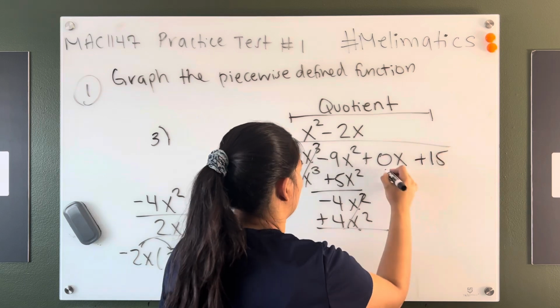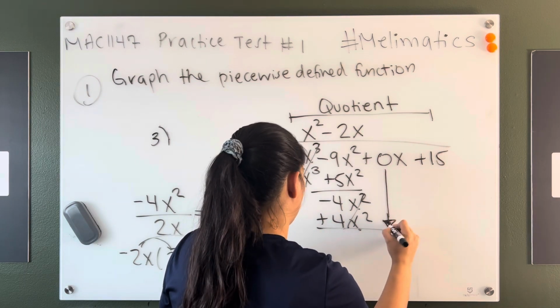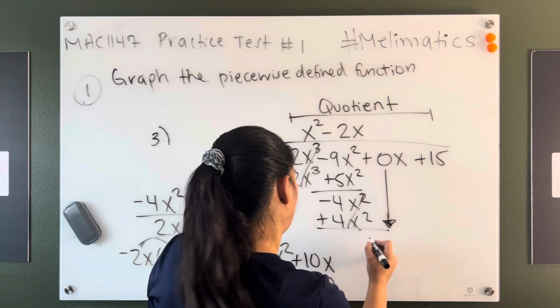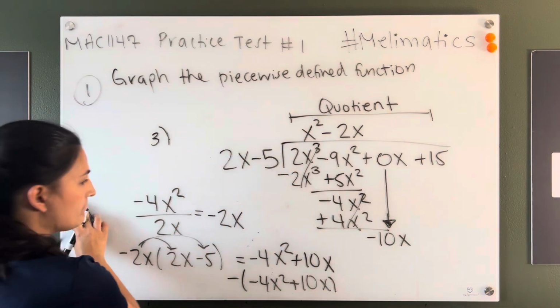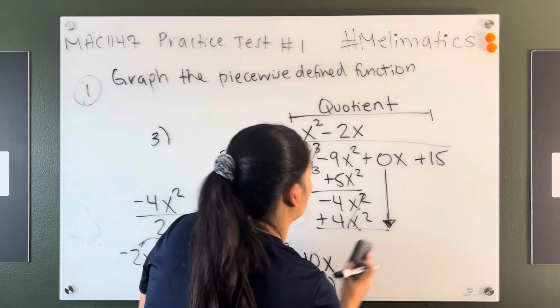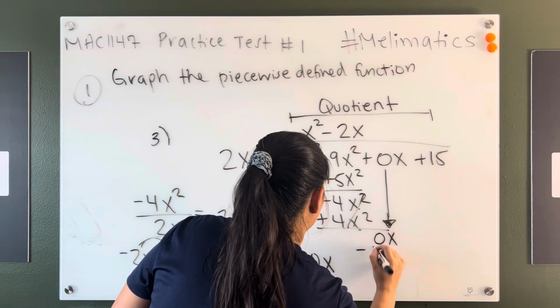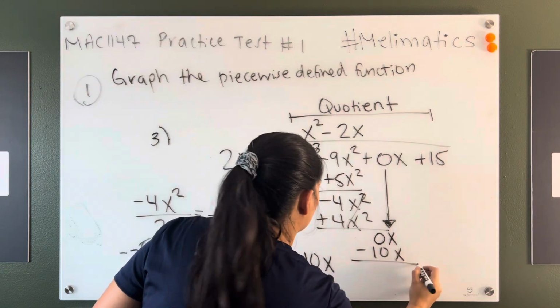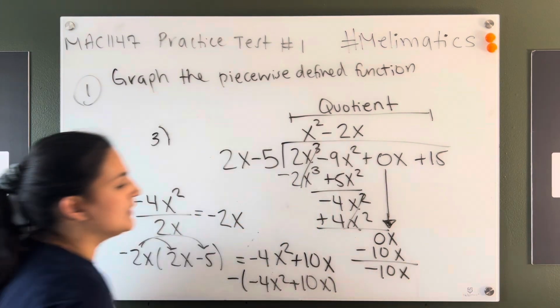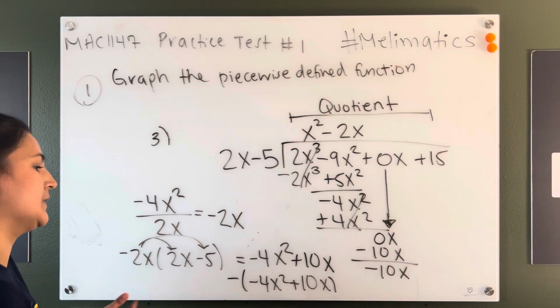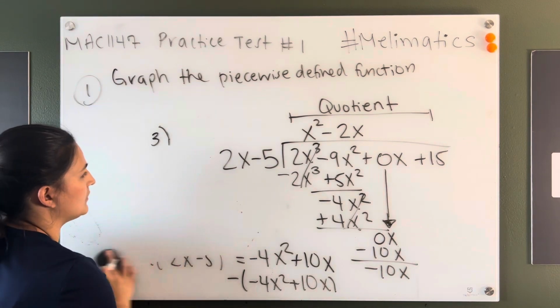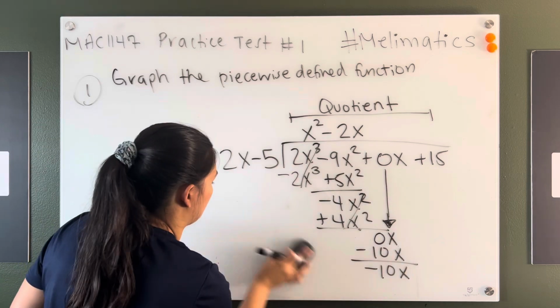You don't have to do this, but I like to have the term there so I know what to take away from it. Okay, so the next term that we have when we take away 10x from 0, which is -10x, we are going to try to get to -10x.